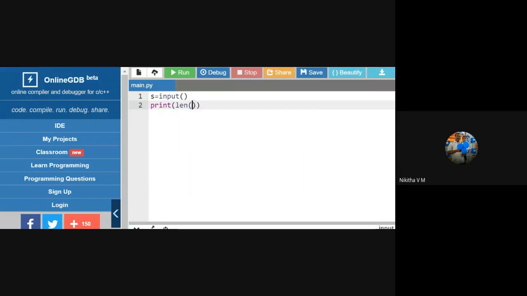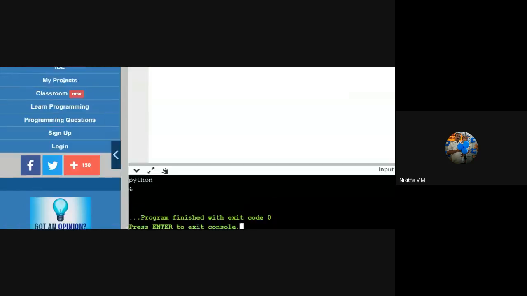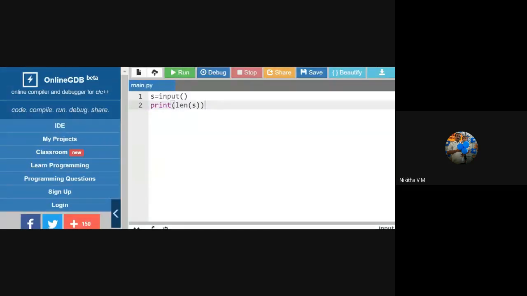Print len of s. So if I'm taking Python, what will be the string length? 6, yes. So you're getting 6. Okay. Next, what do you have?